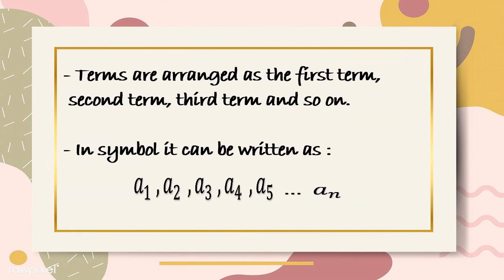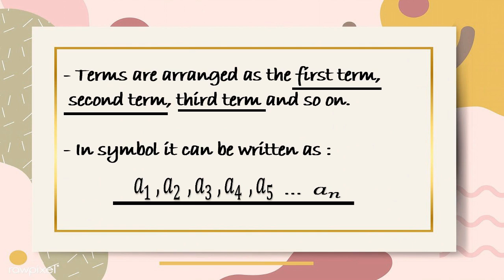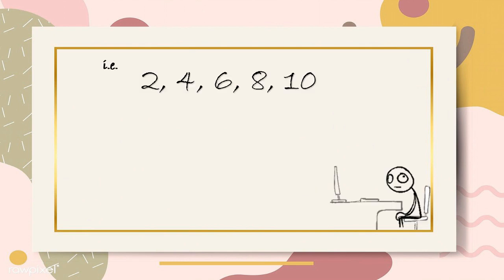These terms are arranged as the first term, second term, third term, fourth term, fifth term, and so on. In symbol, it can be written as A sub 1, A sub 2, A sub 3, A sub 4, A sub 5. So let's have our first example.